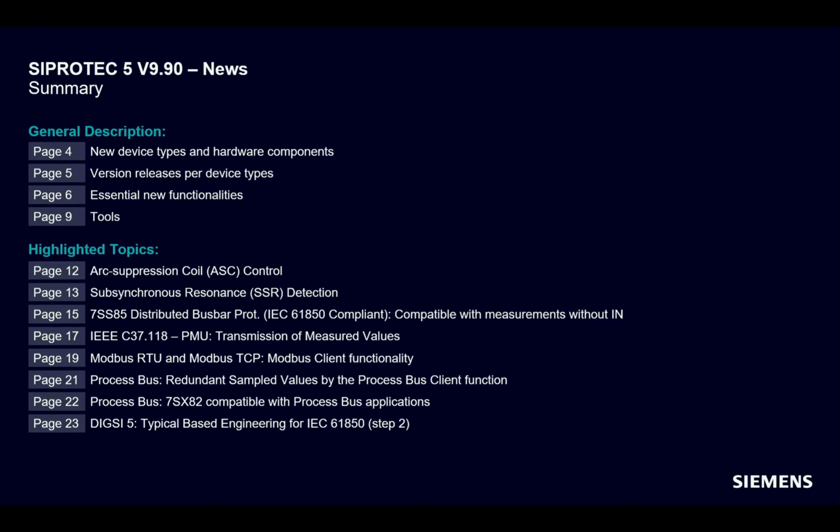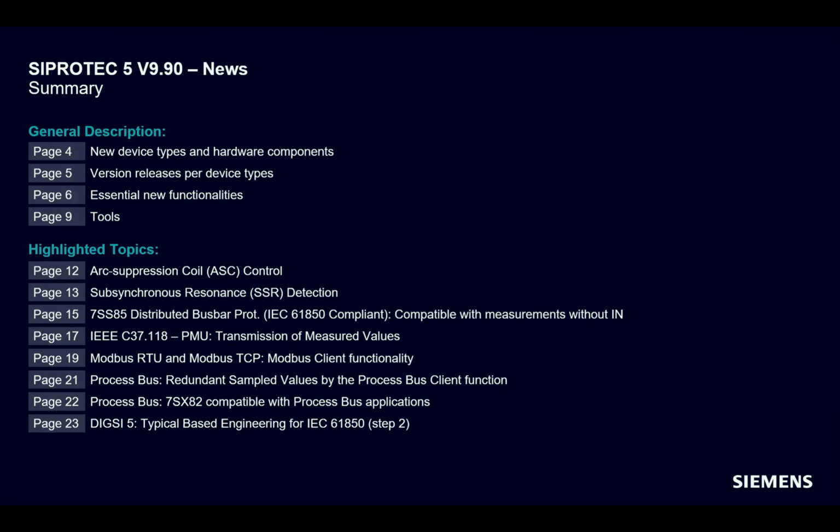These are arc suppression coil control, subsynchronous resonance detection, 7SS85 distributed busbar protection compatible with measurements without neutral current, IEEE C37.118 phasor measurement unit, transmission of measured values, and the new Modbus client functionality for Modbus RTU and Modbus TCP.